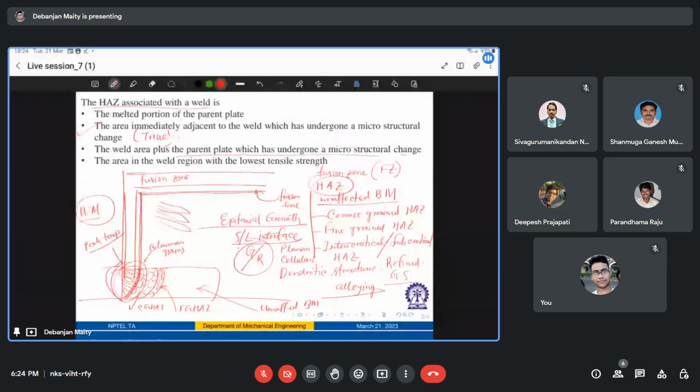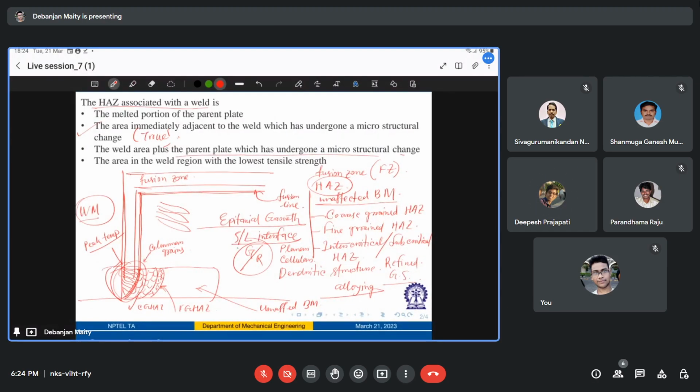Come again. Weld area doesn't come under HAZ. Heat affected zone. Yes. Yeah, that's what I was telling. That this is a separate part, and heat affected zone is adjacent to that. So here your melting and solidification both are happening, and because of that you are having that kind of microstructure.